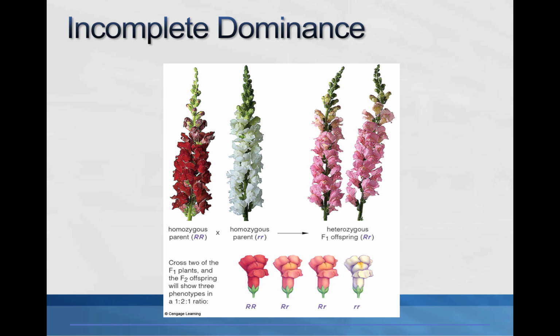The bottom picture is showing you the cross of the F1 with itself and the F2 offspring. Remember, everything we do is parental, which is the purebreds, the F1 offspring of the purebreds, and then the F2 offspring of the F1 that were allowed to mate themselves.